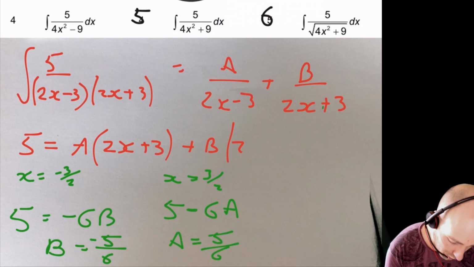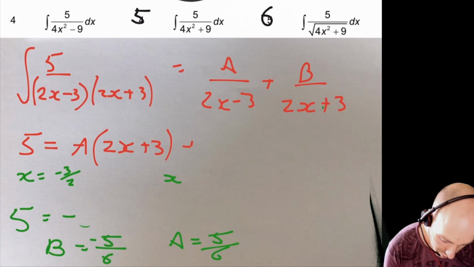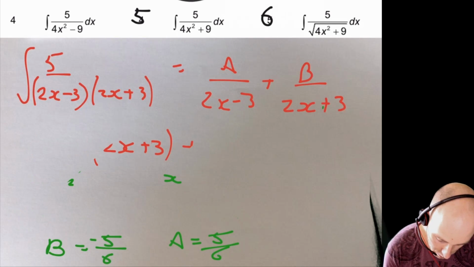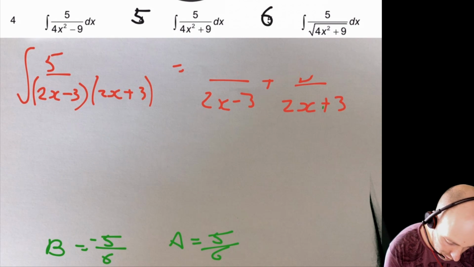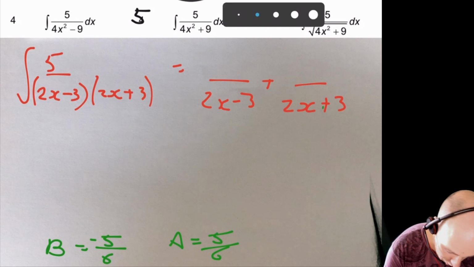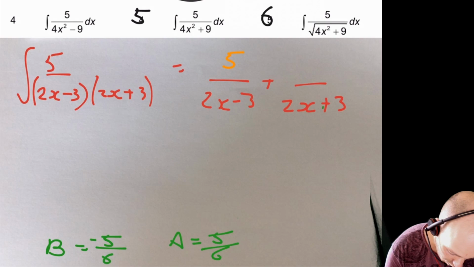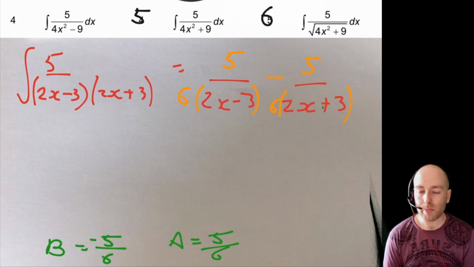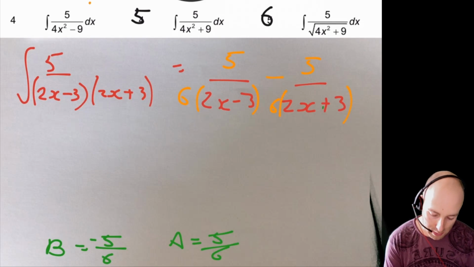So we go back to our initial integral. We're going to put in a and b. Now there's a number of ways you could do this. I'm going to say a is 5 over 6 like this, and b is 5 over 6 there. Tweak that sign to a minus. Now you could expand those brackets.